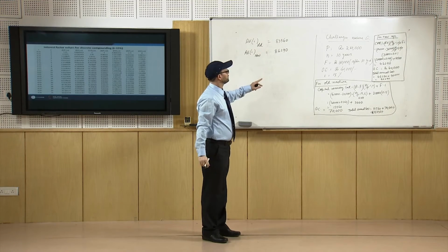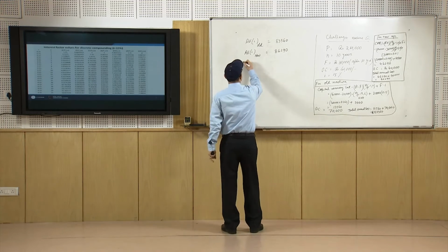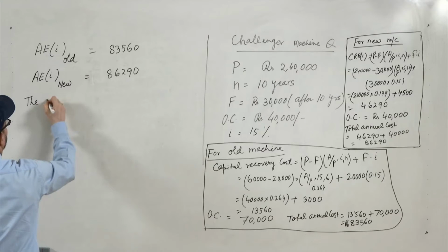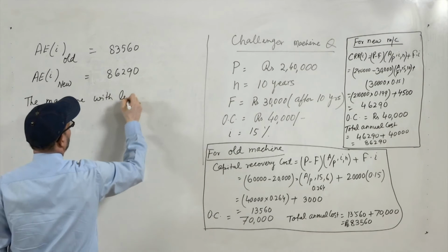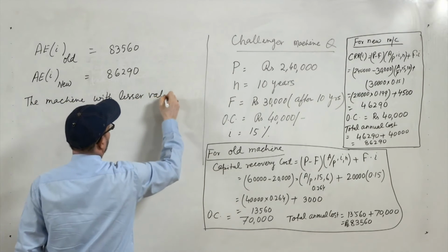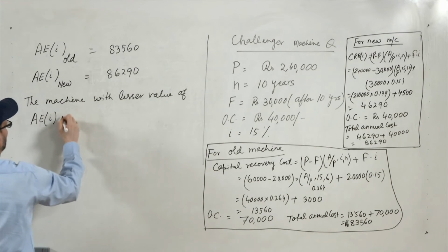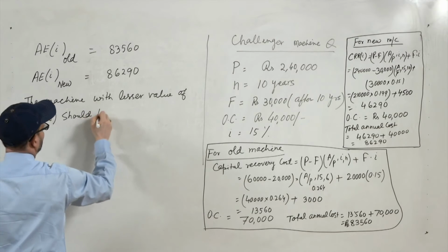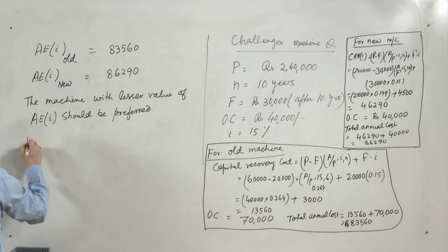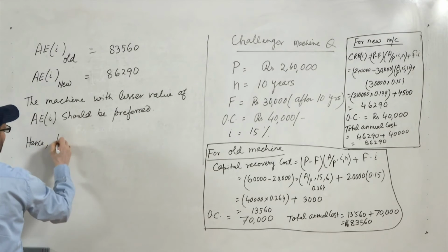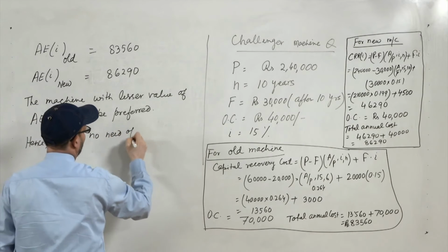Now, these are basically the expenses. So, the machine with the lesser value of AEI should be preferred. Hence, there is no need of replacement.